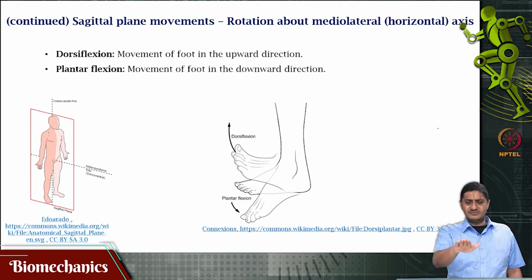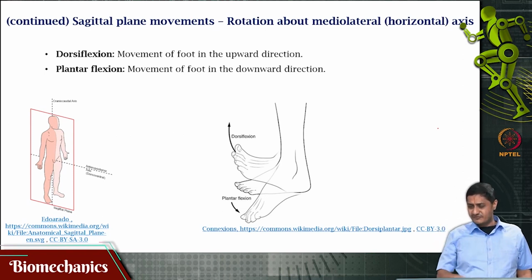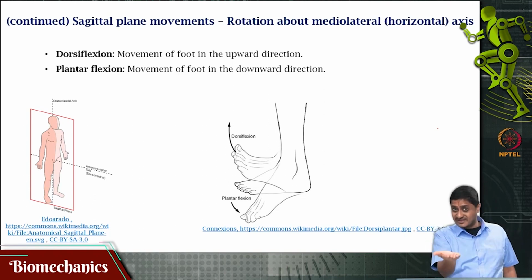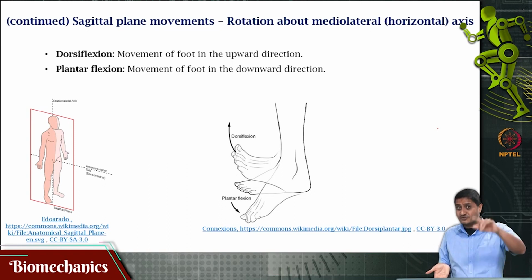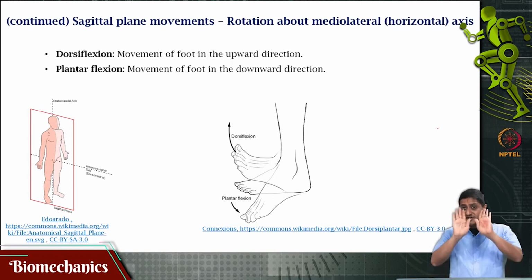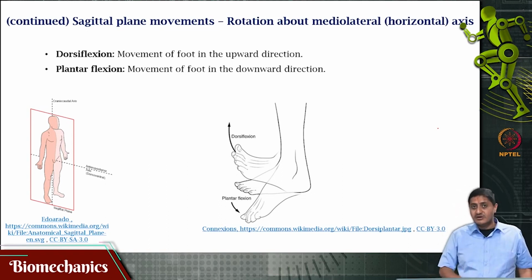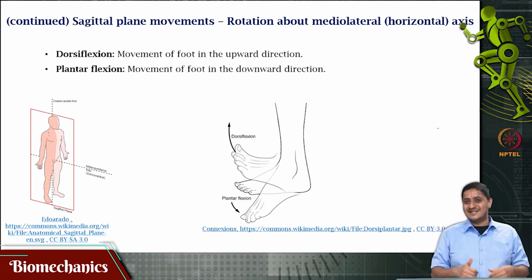I am doing that, that would be normally called, because the feet are like this, not like this. Remember, I can keep my hand in anatomical reference position such that the palm faces outside, but if I keep the feet such that the sole of the foot is visible, I cannot stand, is it not? So in the anatomical reference position itself, my feet are facing down. So that is the anatomical reference position.